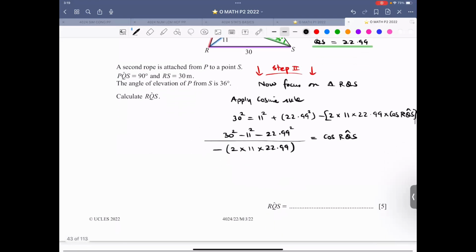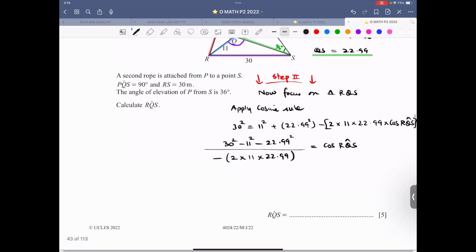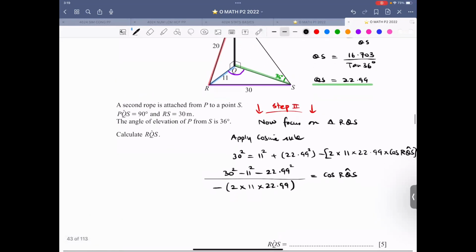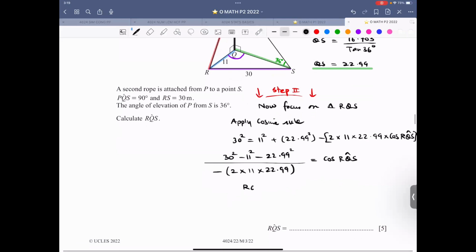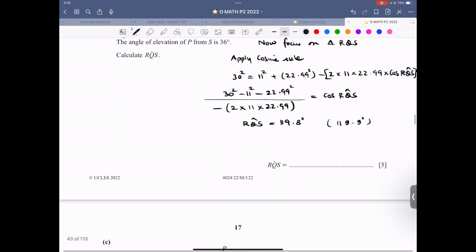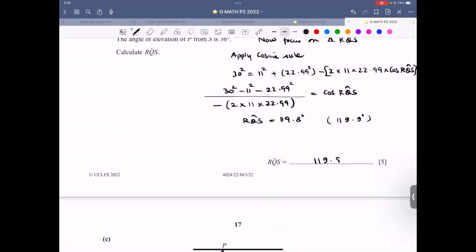And using a calculator, RQS is coming out to be an obtuse angle, that is 119.8 degrees. And the examiner has also given 119.9 degrees. So I'll just write 119.8 degrees. So that's how this question is done.